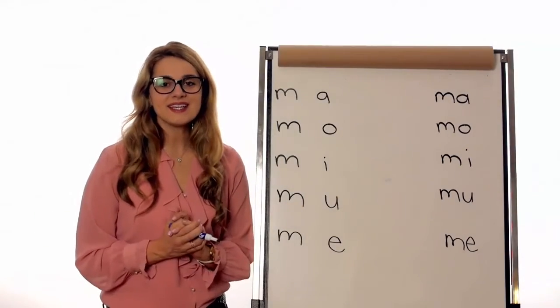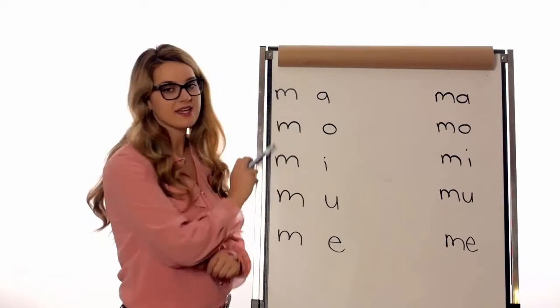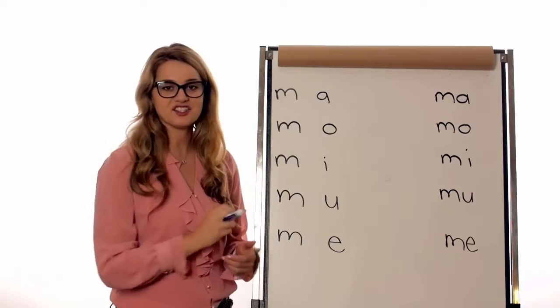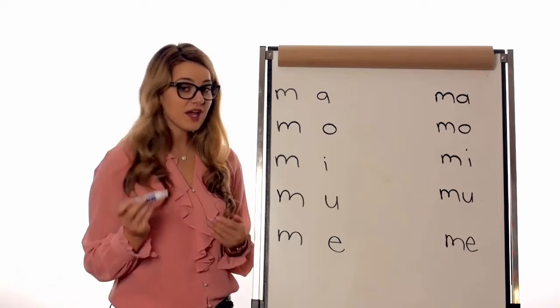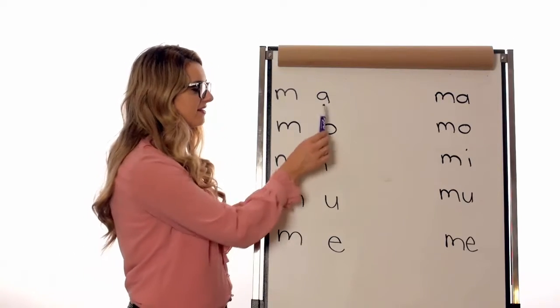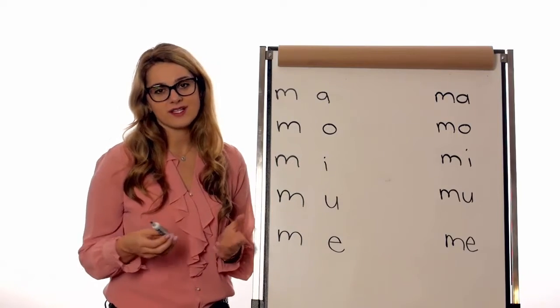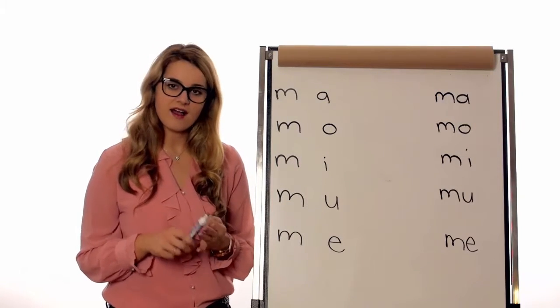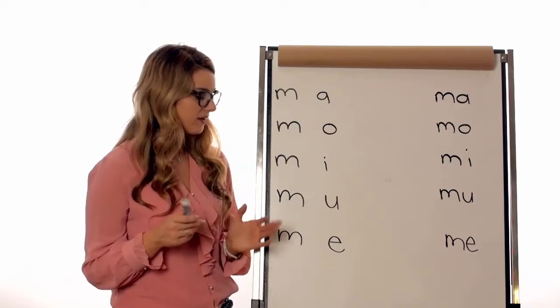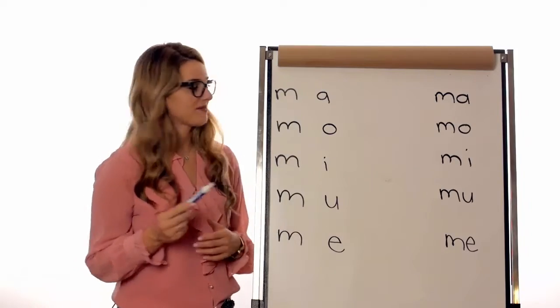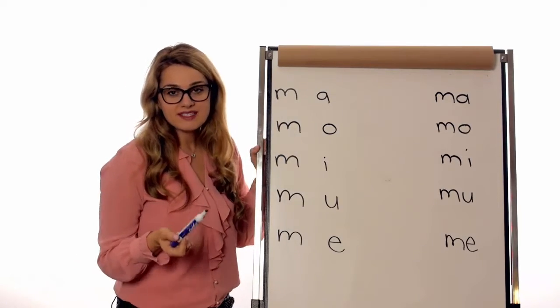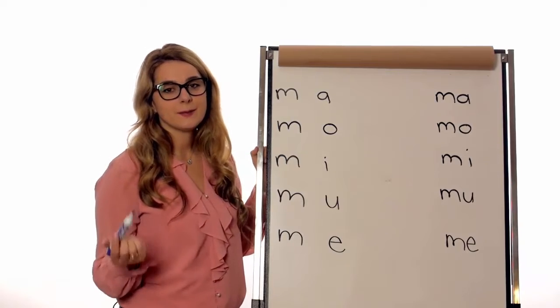Okay, so as you can see here, I have the M's as the initial sound. And in case you haven't caught on, the second letter is always a vowel: A, E, I, O, and U. Okay, so let's do the same thing. The M makes the sound mm.